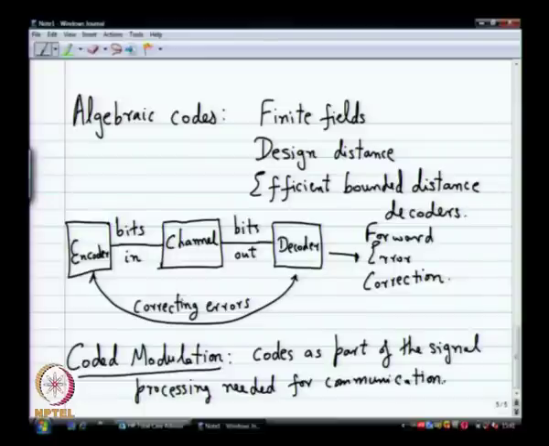Instead of thinking of it as some box that sits outside of my entire digital communication device and fixes errors that I occasionally make, can I move it inside the modulation part of my design, so as to give a better performance?